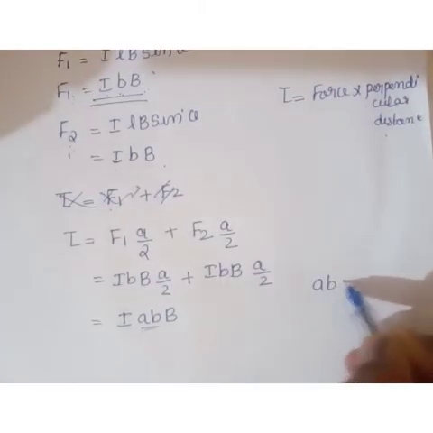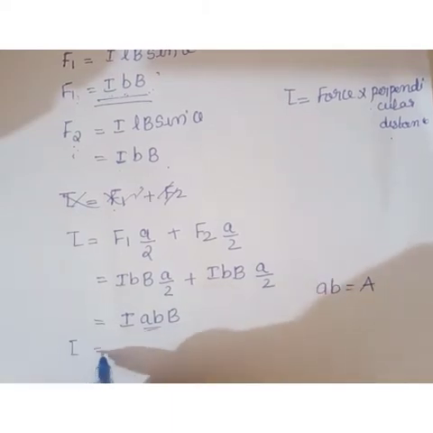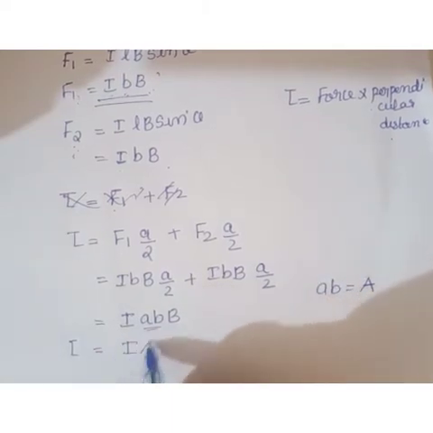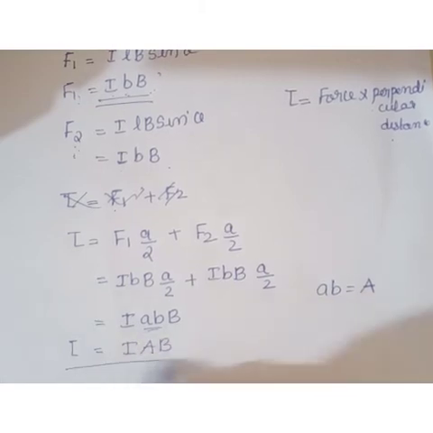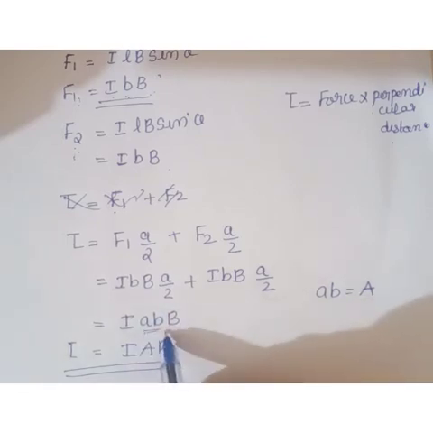So AB is equal to the area of the rectangular loop. The equation becomes tau is equal to I into AB, where AB is the area of the rectangular loop.